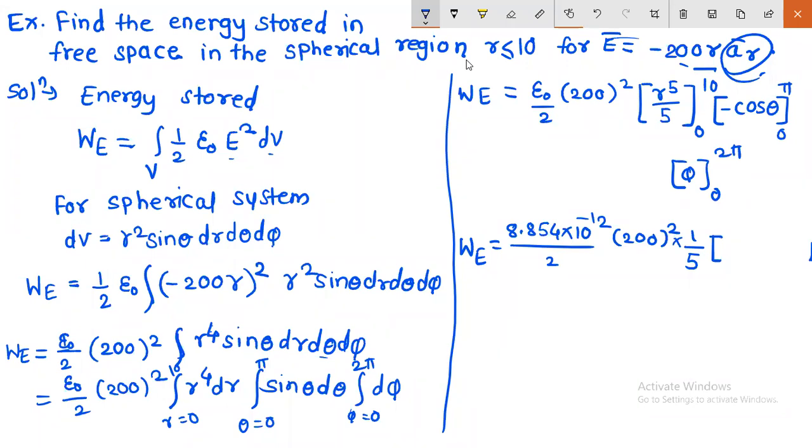So r is put here as 10 raised to 5 minus 0. Then minus cos pi minus minus cos 0, so plus cos 0. Then the last term is simply 2 pi minus 0.